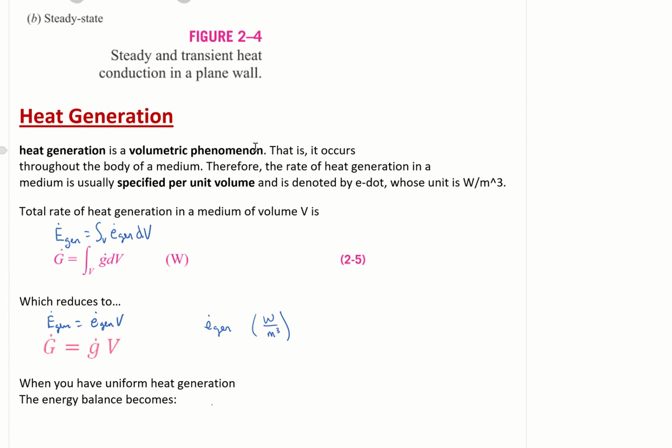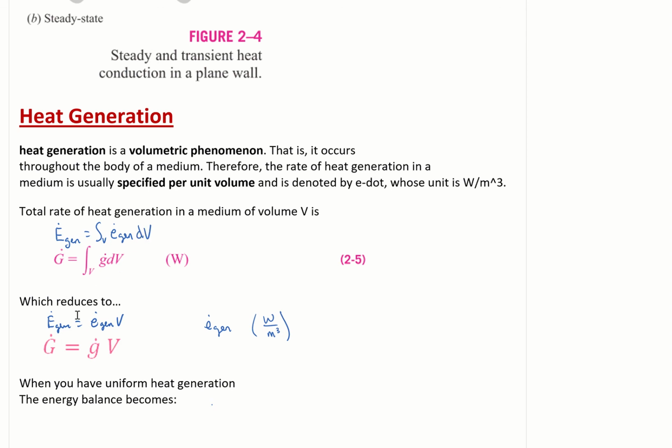Okay, and so we denote the total rate of heat generation in a given medium with a volume V as E gen, big E gen, is going to be equal to the volumetric integral of little e gen times the change in volume.